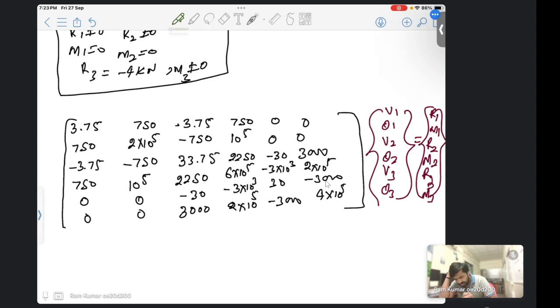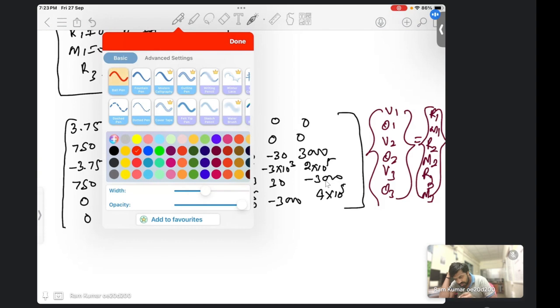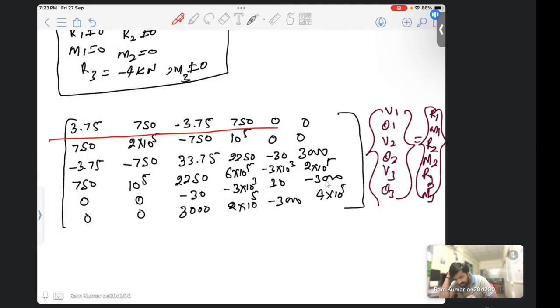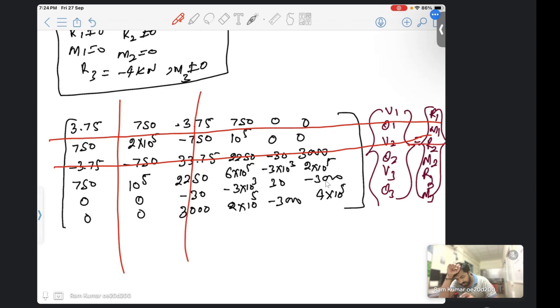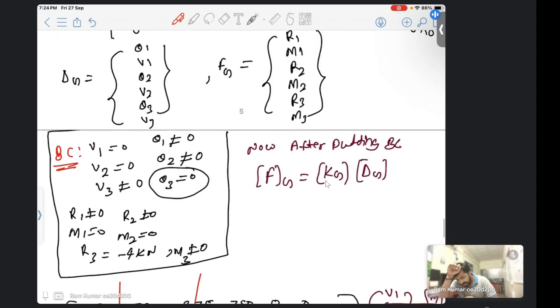this one, first row, first column. Then second row, third row, third column, and B3, no, theta 3.